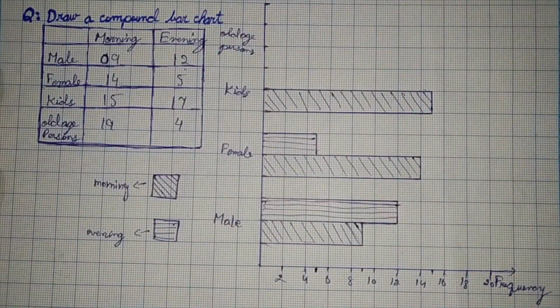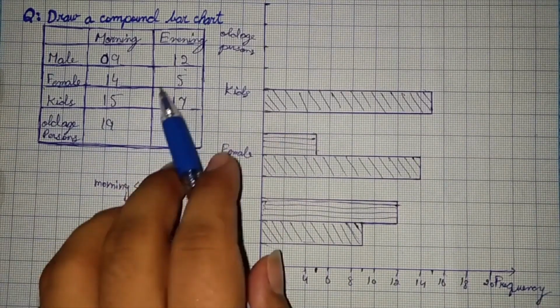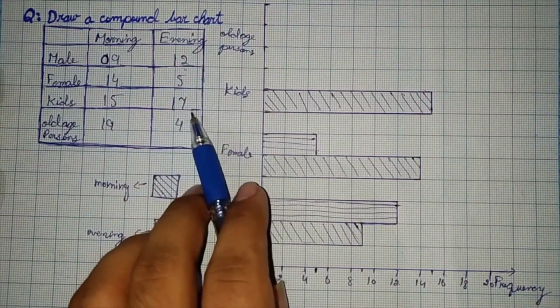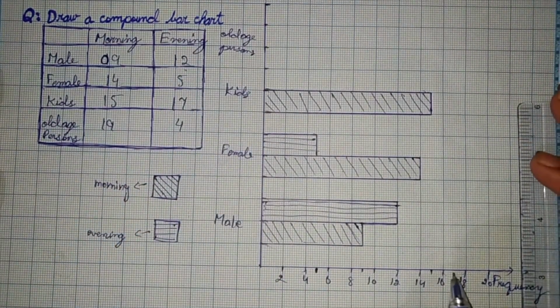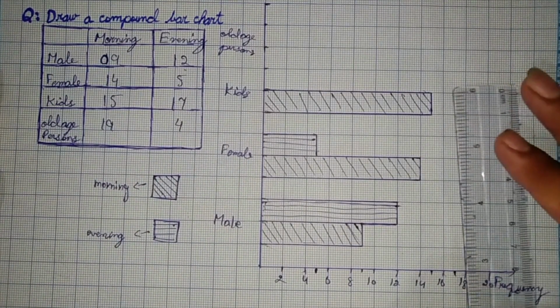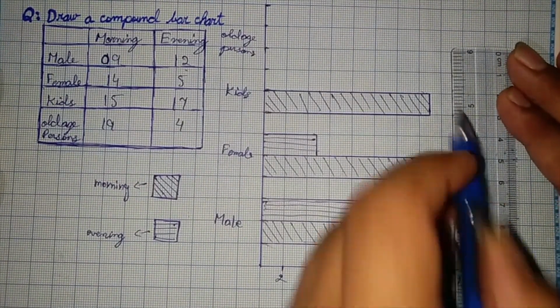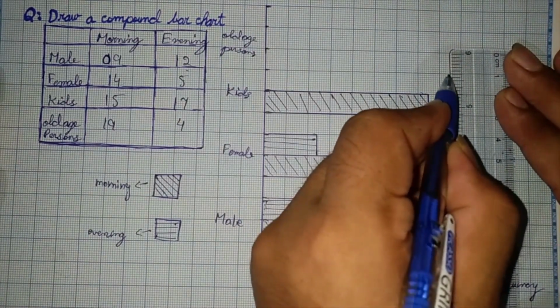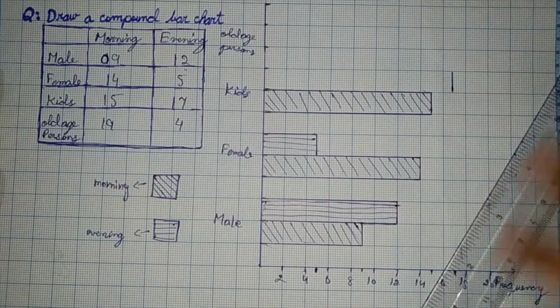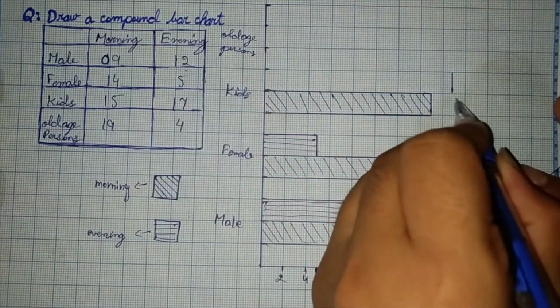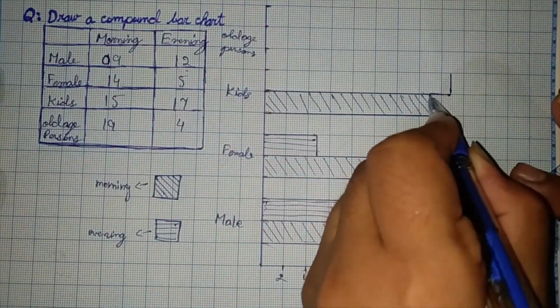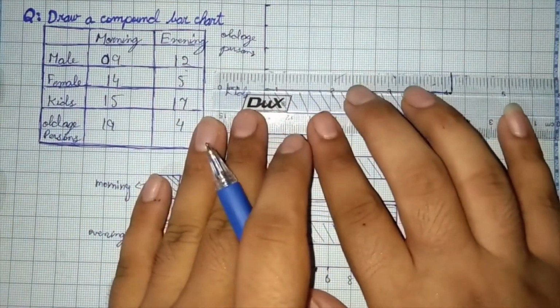Now we will draw the bar of evening. Here we have 17, so it will lie just between 16 and 18, which is like this one.